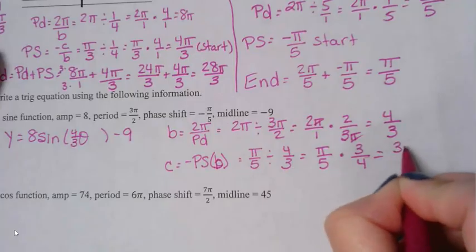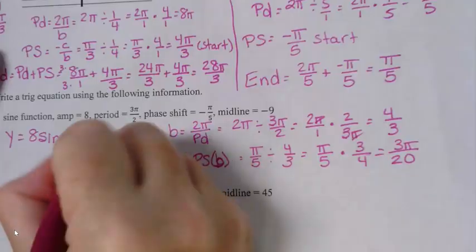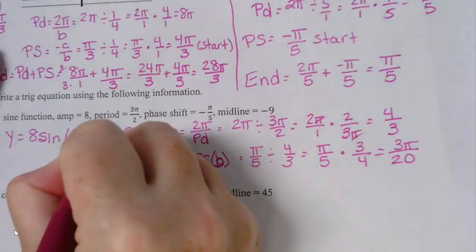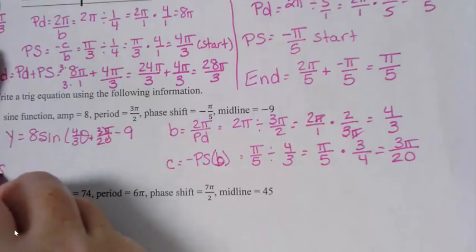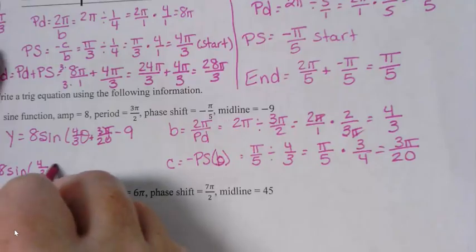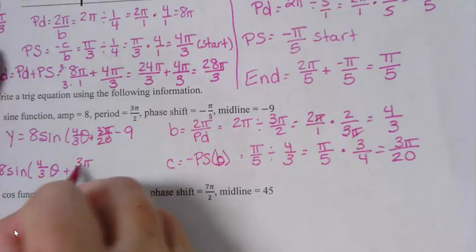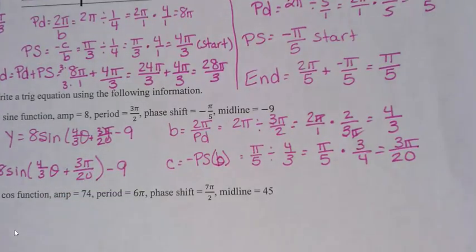So 3 pi over 20. And I can't reduce it, so plus 3 pi over 20. That's really ugly. So 8 sine of 4/3 theta plus 3 pi over 20 minus 9. Okay, we'll do this last one.